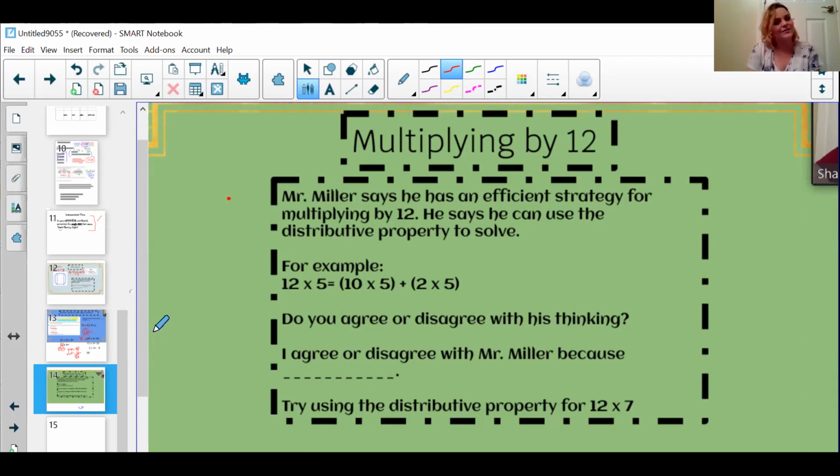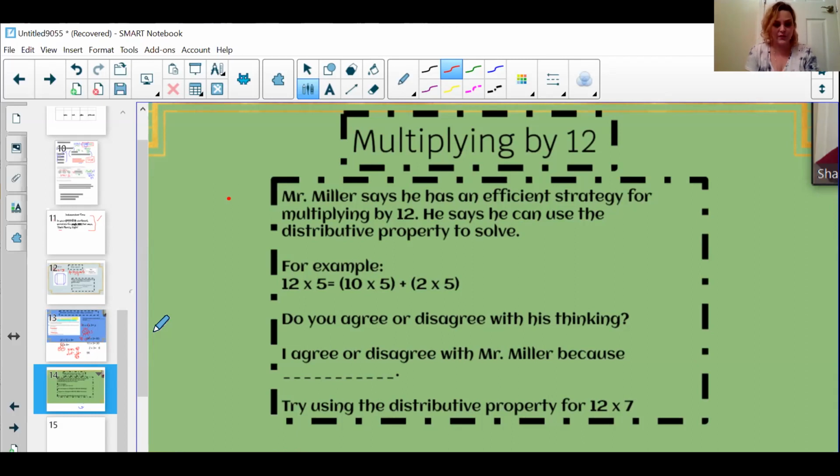Okay, and we're back. So let's see if we agree or disagree with Mr. Miller. I'm trying to figure out what he did here. He says that he's using the distributive property, and I'm like, wait, have we used that word before in class? I don't think we have. That looks like it's a new juicy math word. But let's figure out what the distributive property is by looking at his example.